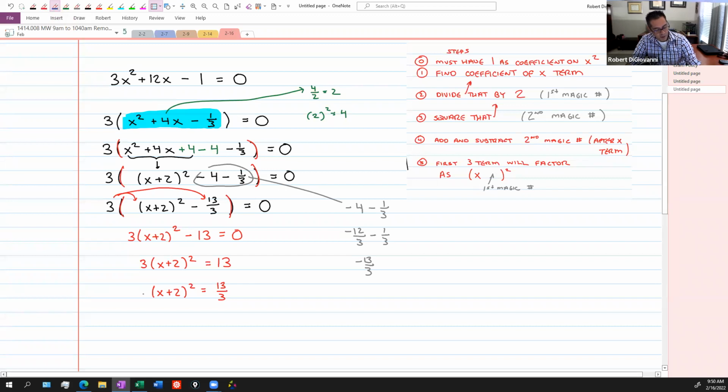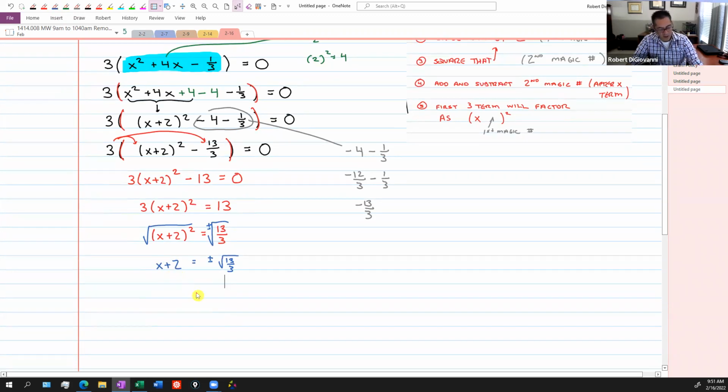Now I'm going to take the square root on both sides, plus or minus. I get x plus 2 equals plus or minus the square root of 13/3. And then I have to subtract 2. So I get x equals -2 plus or minus the square root of 13/3. There are my 2 solutions.